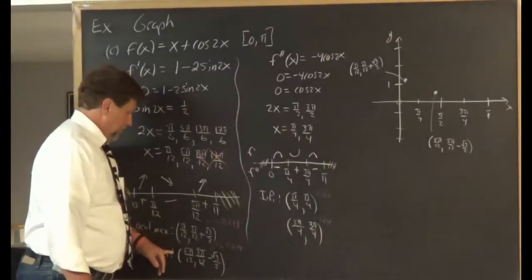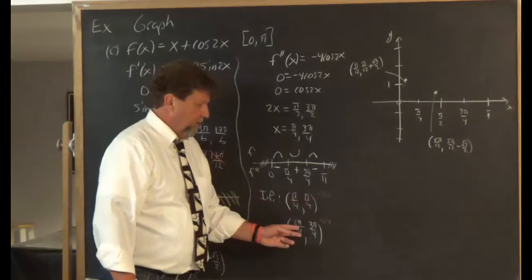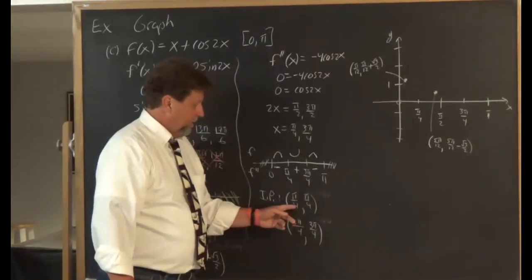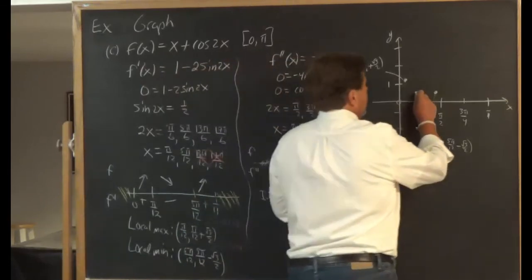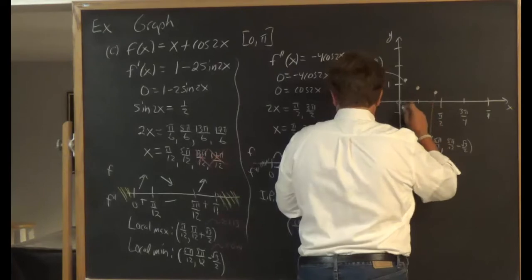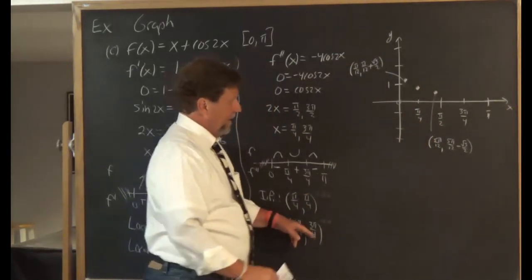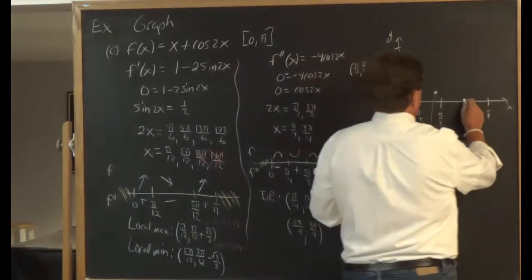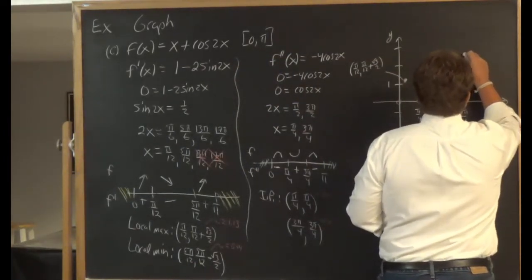So we found our local max, our local min, inflection points are pi over 4 and 3 pi over 4. So pi over 4 and about 0.8. So that's about right here. And 3 pi over 4, so that's 2.4, so that's about right here.